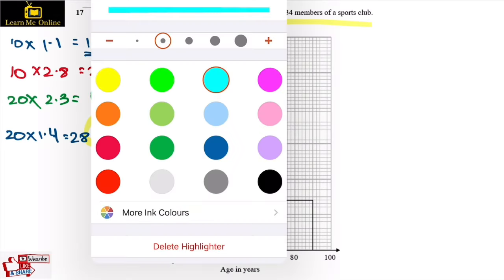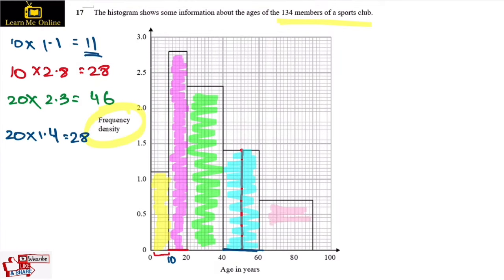To do the next one, we find the difference for the last bar, which is this part. If this is 60, 70, 80, 90, then this would be 90. So the difference is 30, and reading the height, it gives us 0.7, and that's 21.